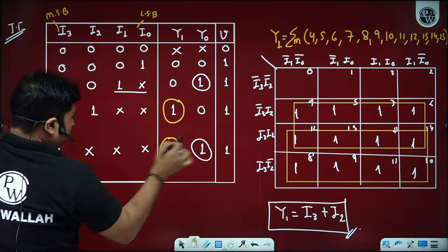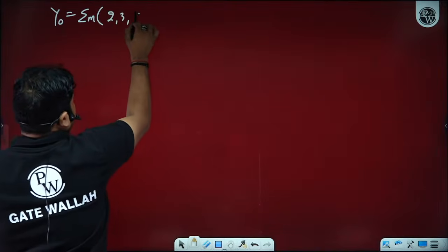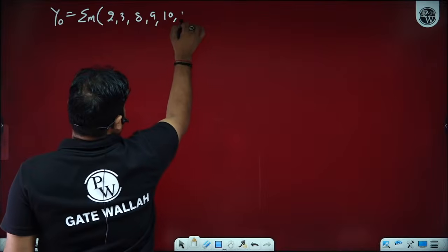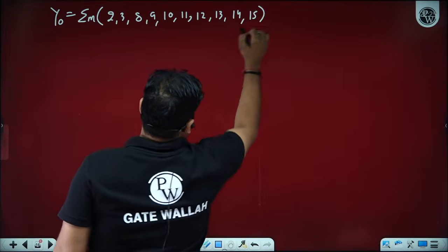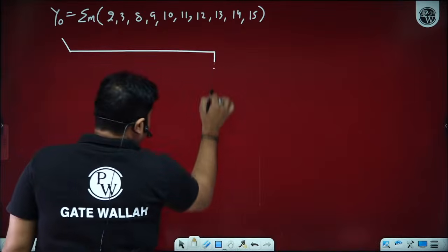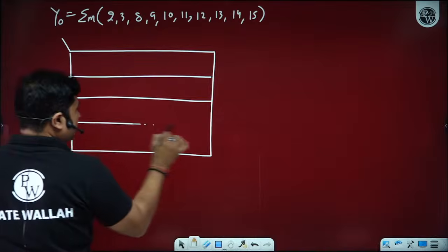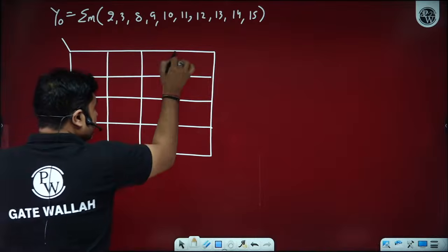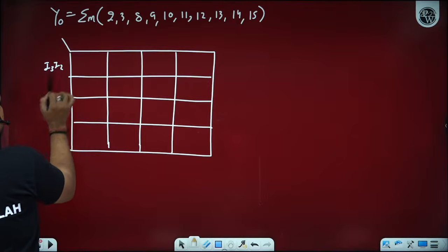2, 3 and 8 to 15. So 2, 3, 8, 9, 10, 11, 12, 13, 14, 15. We can use a K-map 4 cross 4 to find the minimized expression of y0.